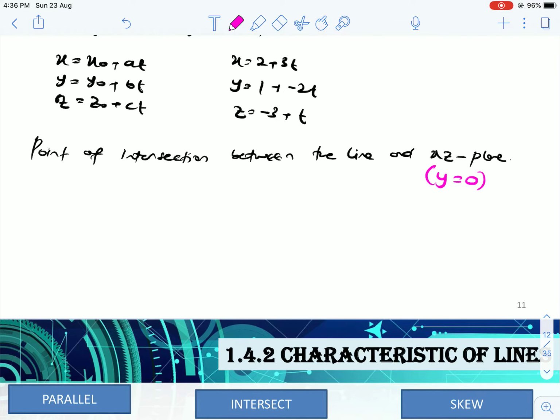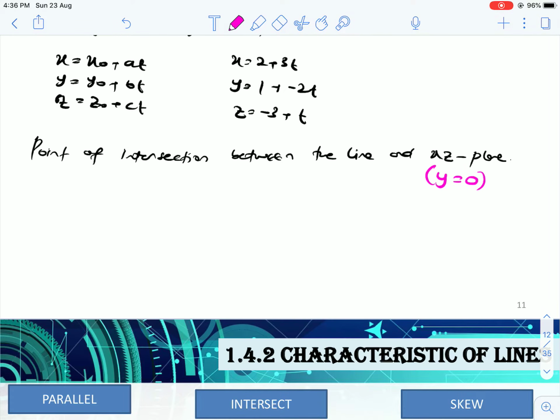If the question asks you to find the intersection point between the line and the XY plane, the XY plane means z equals 0. And if the question asks for the YZ plane, then the coordinate x will be 0.